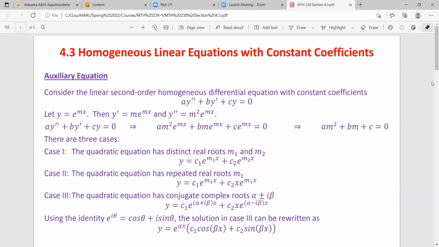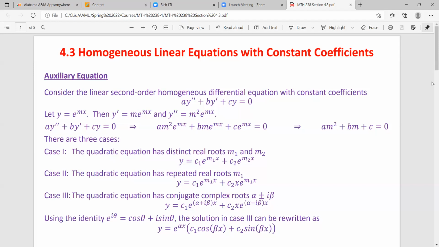We already discussed reduction of order, on how to find the second linearly independent solution given one solution for the homogeneous equation. If you follow that procedure using that formula, you're going to find another solution, which is x times e to the m1x. This solution is linearly independent of the first solution, e to the m1x.